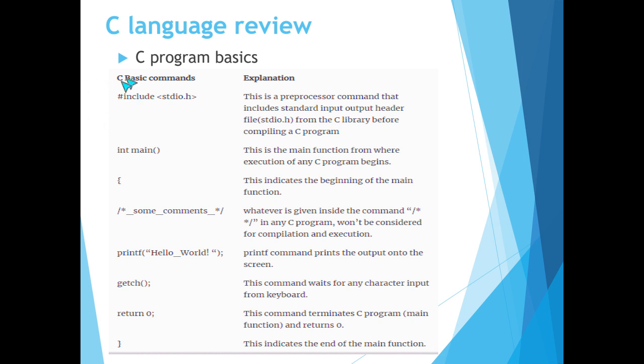This preprocessor command should be used at the first of any kind of C program, and it is processed before compiling the C program. Any preprocessor command is including a header file. It can be related to a C program header file.